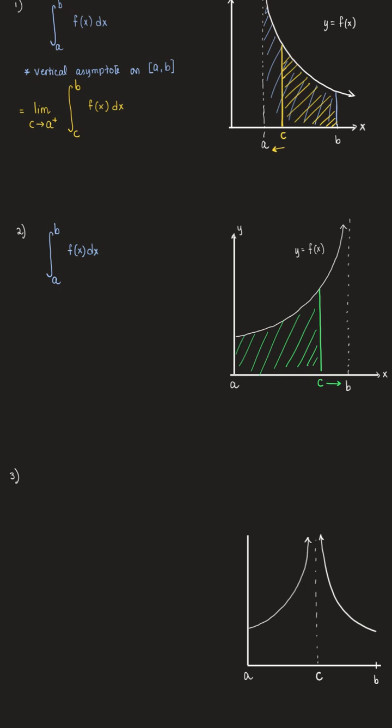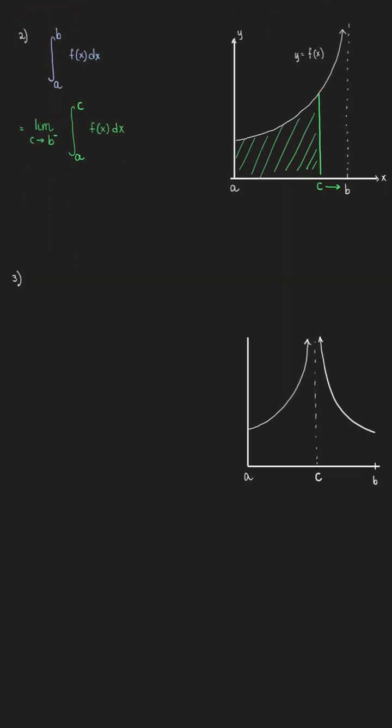So as c gets arbitrarily close to b from the left side, we're going to write that as the limit as c approaches b from the left of the integral from a, instead of going to b, we're going to go to c, our intermediate variable, of f of x dx. And if this gives us a finite value, we will say that the integral converges to that value.